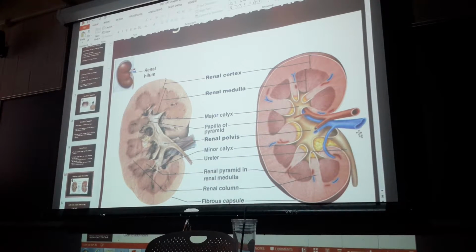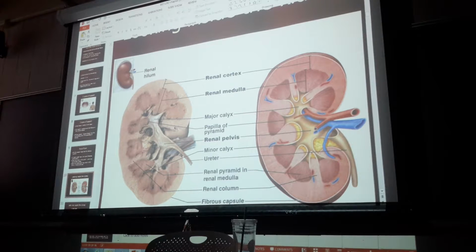All right, so here we are looking inside the kidney. So your basic kidneys, renal system, pretty easy. 2 kidneys, 2 ureters, a bladder, and out the urethra. Easy peasy, if only it were that easy. So now we're going to look inside the kidney, and here's where all the action happens. We have this outer layer called the cortex, and then we have this inner layer called the medulla.